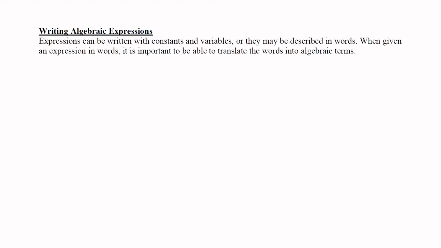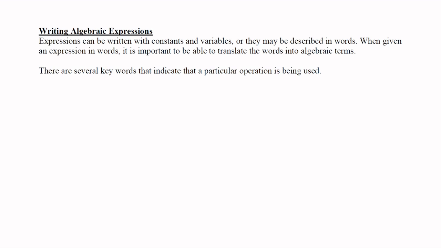Now let's talk about writing algebraic expressions. Expressions can be written with constants and variables, or they may be described in words. When given an expression in words, it is important to be able to translate the words into algebraic terms. So there are several key words that indicate a particular operation is being used.